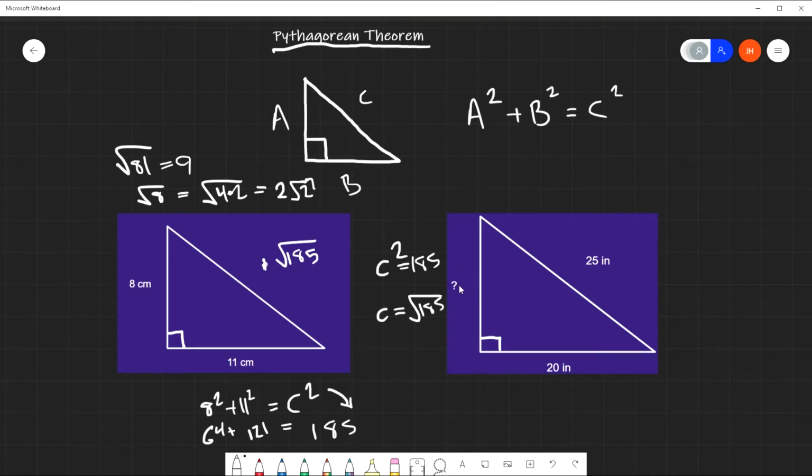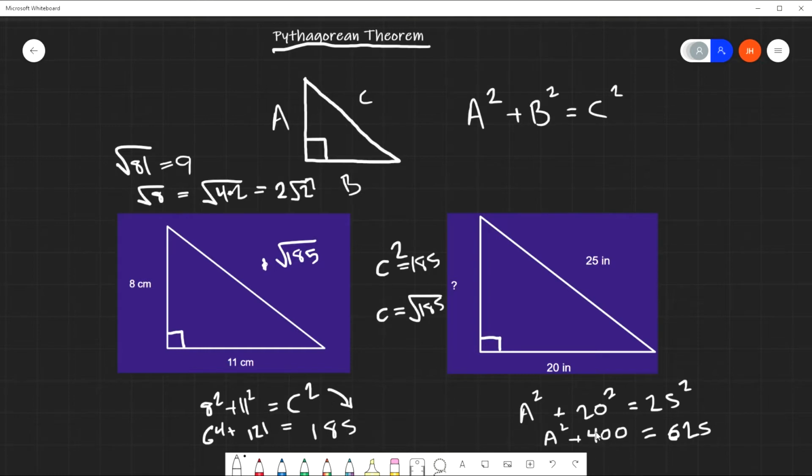So we know that the side lengths squared and added, so this question mark, we'll call it A. So A squared plus 20 squared should equal the hypotenuse squared, which is 25. Well, 20 squared is 400, and 25 squared is 625. So therefore A squared plus 400 equals 625.